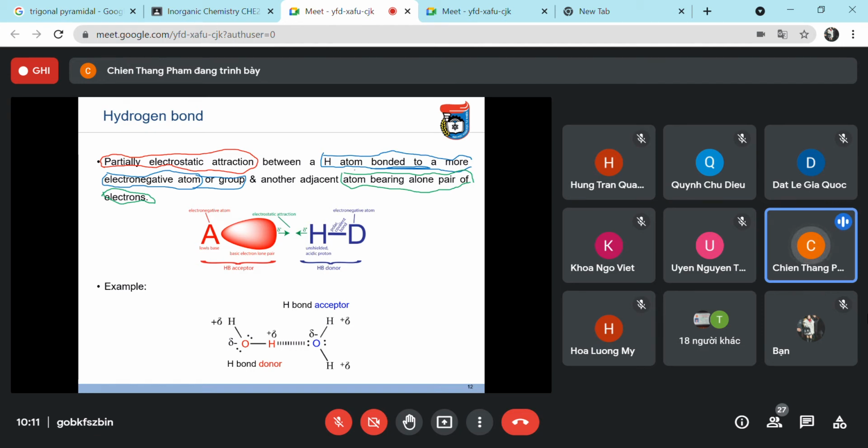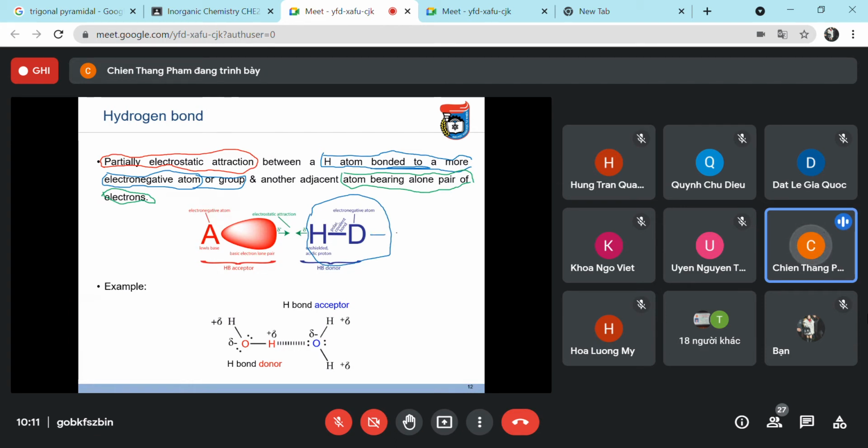The condition is the hydrogen is bonded to a more electronegative atom, and the other atom also bears a lone pair of electrons. Here you can see the hydrogen atom bonded with the blue one, so the hydrogen is bonded with the electronegative atom.